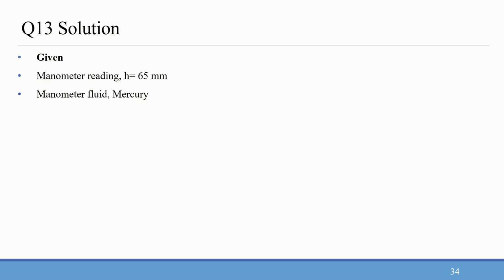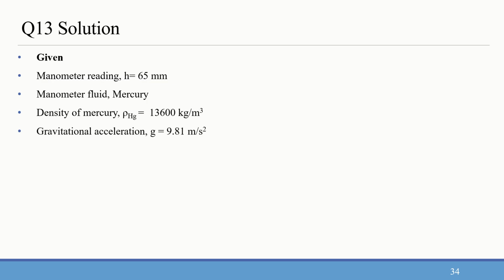Moving on to question 13, what we have is the pressure drop across A and B is dash Pascal. Okay, now we have to find the pressure drop across A and B points. Manometer reading is given as 65 mm and manometer fluid is mercury and density of mercury is 13,600 kg per meter cube and acceleration is 9.81.